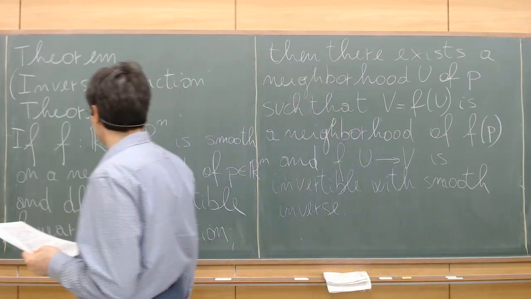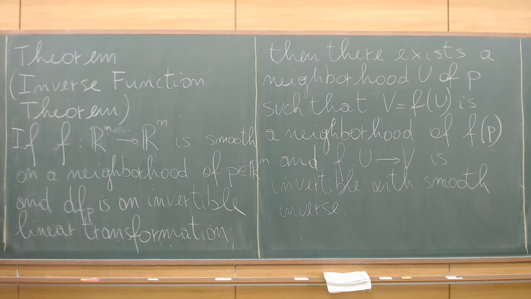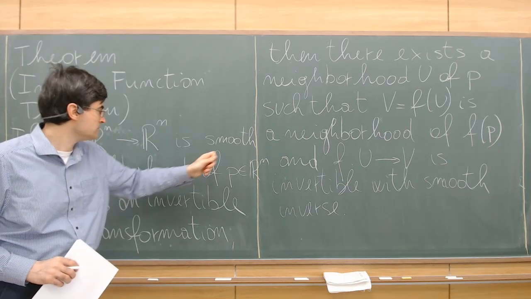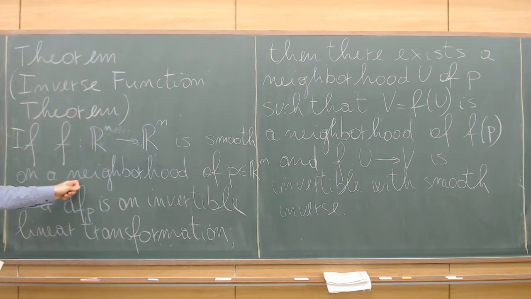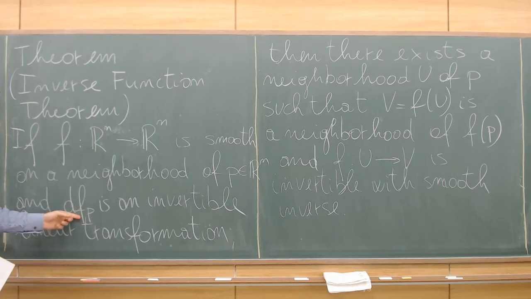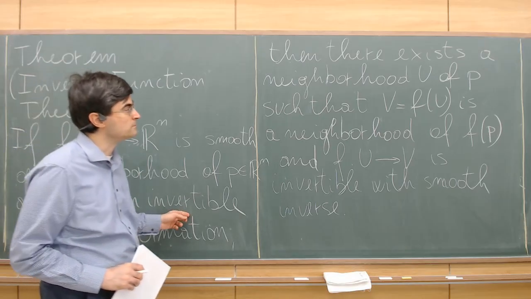So the hypotheses of this theorem are the following. We have a smooth function on a neighborhood of a point, and the derivative df at p must be invertible.